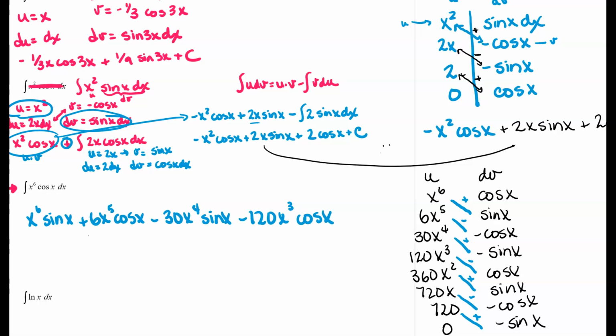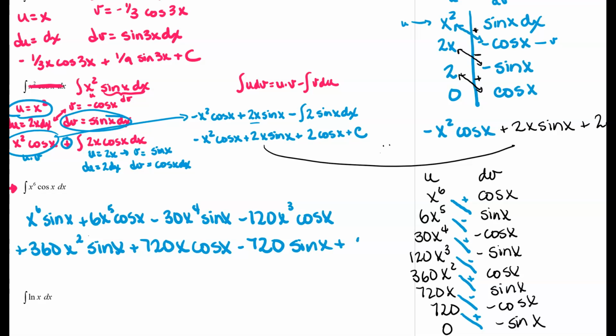It looks like my next term will be positive 360x squared sine. 720 is a double negative, so plus 720x cosine. And then 720 negative sine, don't change the sign, so negative 720 sine of x plus c.